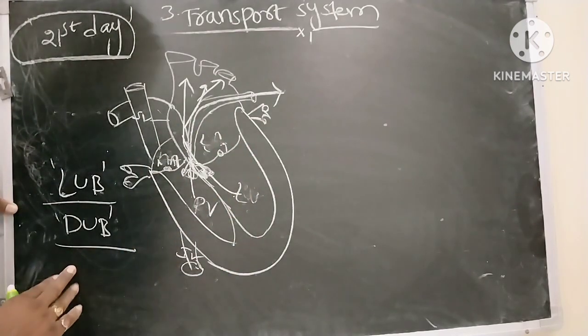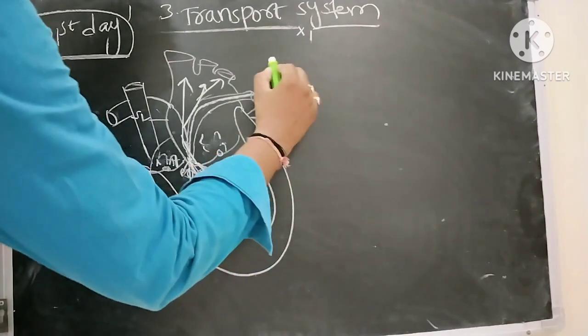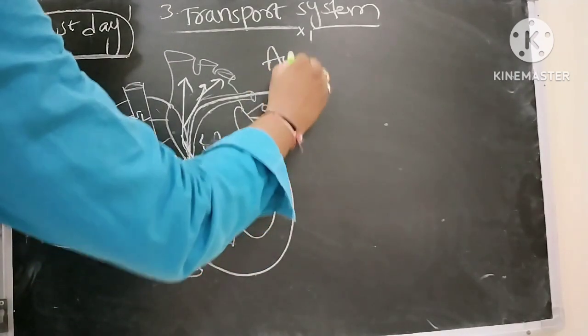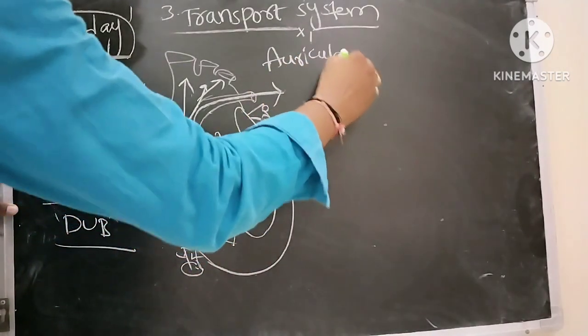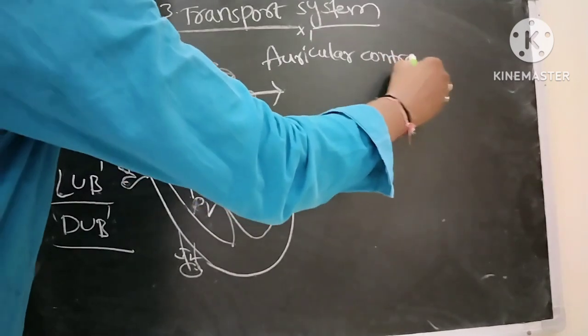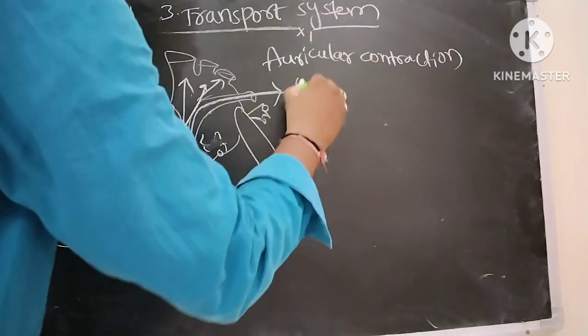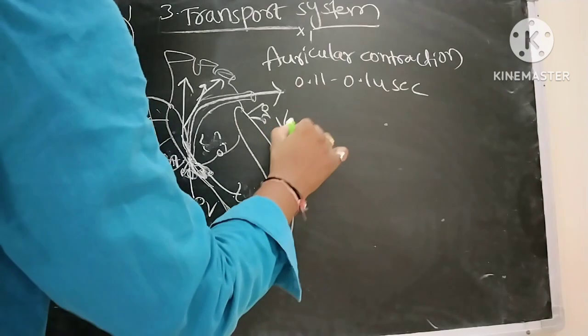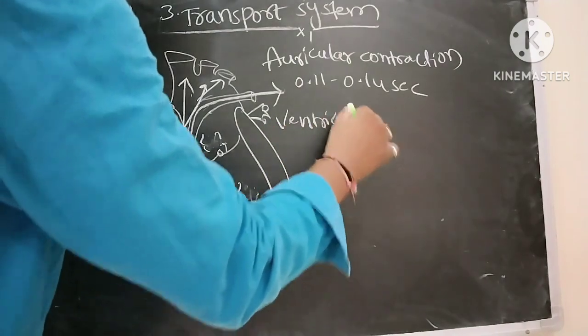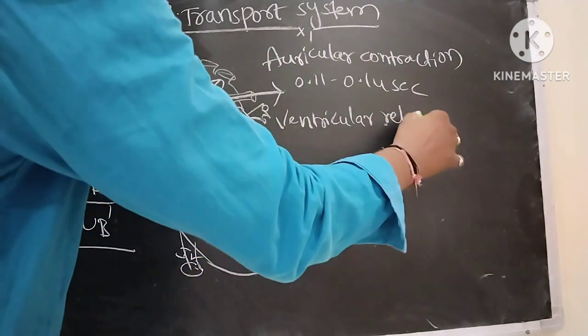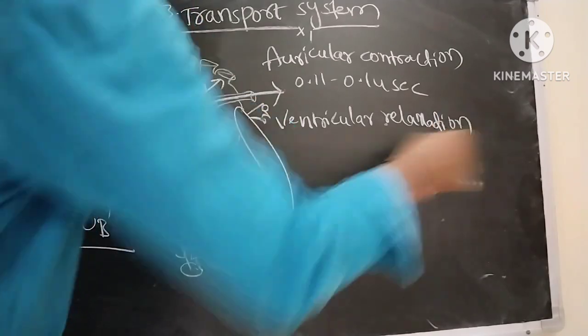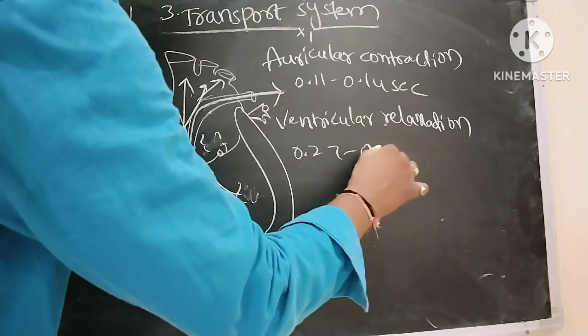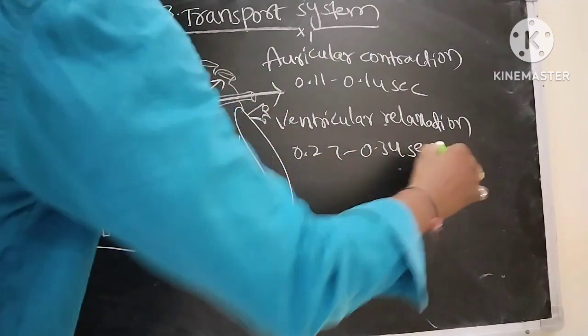So overall, the auricular contraction occurs. The time taken for auricular contraction is 0.11 to 0.14 seconds, and the time taken for ventricular contraction is 0.27 to 0.34 seconds.